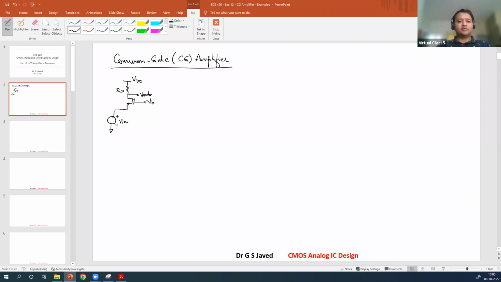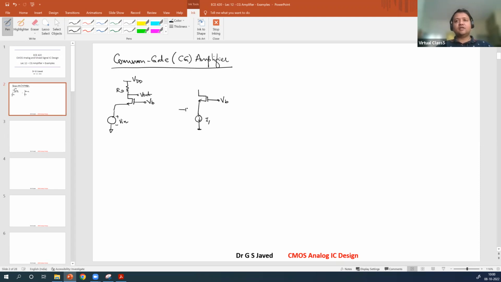This is one configuration. The other configuration, which is in a more realistic sense, will be as follows. It is the same schematic diagram where you have VB connected as the bias voltage at the gate. Then you have a constant current source I1 at the source.